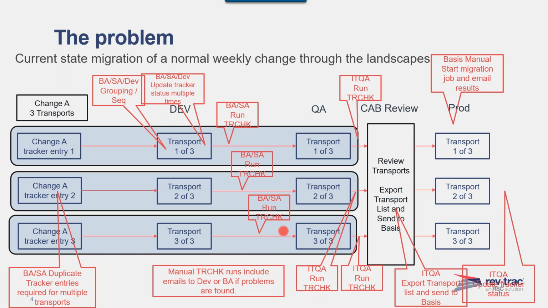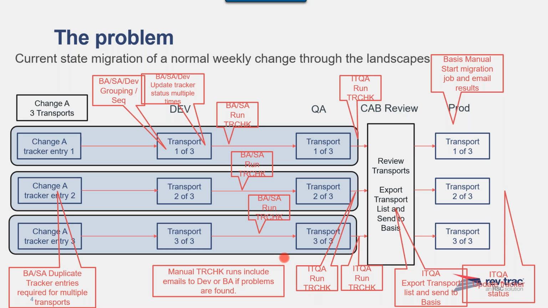If a TR check run identified a problem, and the person that was running the utility wasn't the person that was going to be fixing it, you had to start to send emails out to the right people to get them to look at it, correct it, go back, run it again, make sure everything looked okay. So again, just highlighting the inefficiencies in the process here.